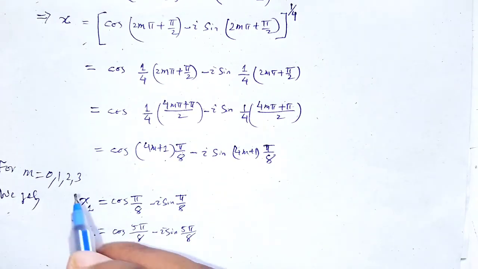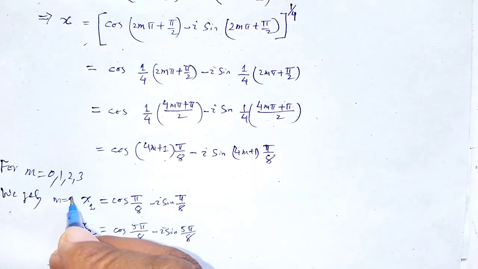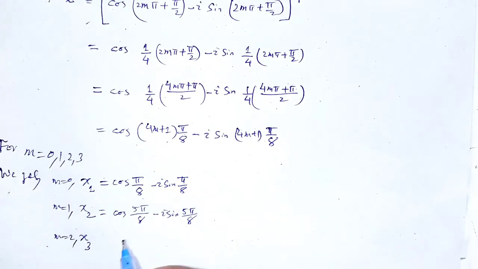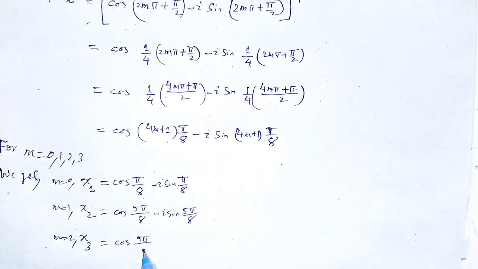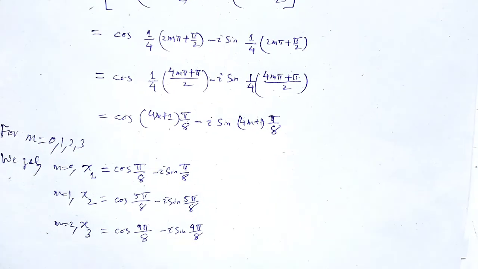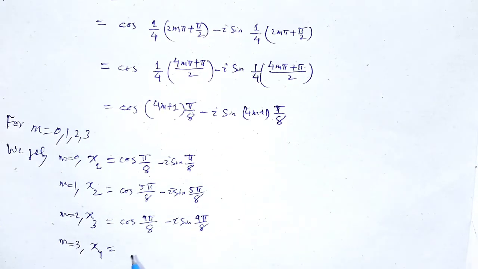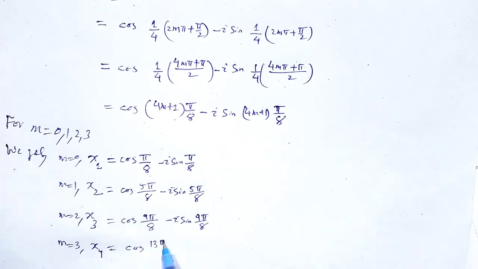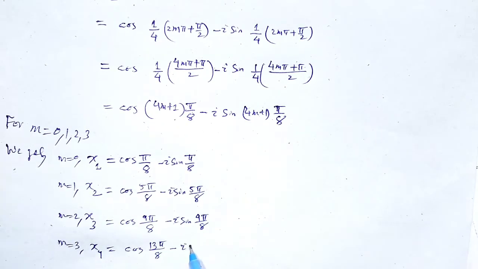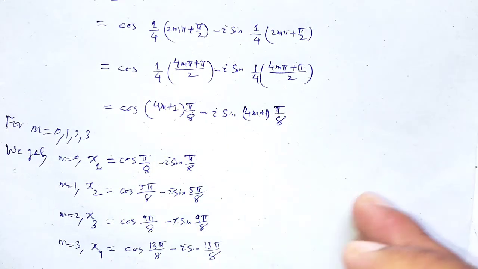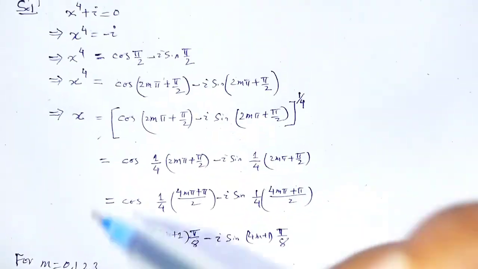Next, putting m is equal to 2, x3 is cos 9 pi by 8 minus i sin 9 pi by 8. When we put m is equal to 3, we have x4 is equal to cos 13 pi by 8 minus i sin 13 pi by 8. In this way, the 4 roots of that given equation are derived.